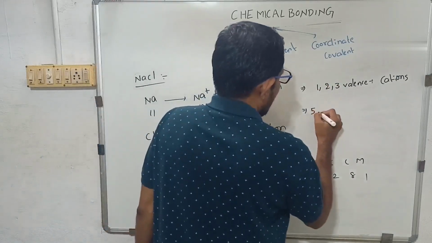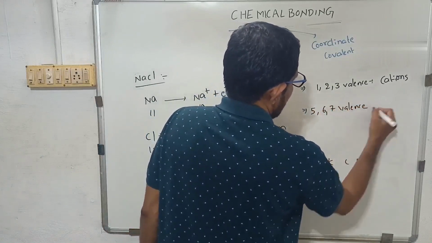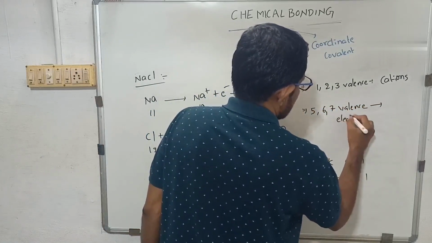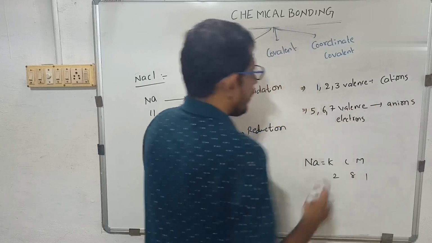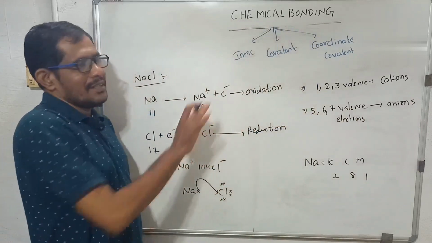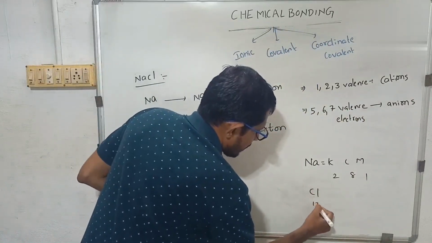If there are 5, 6, 7 valence electrons, it forms anions. If you take chlorine, the atomic number is 17.